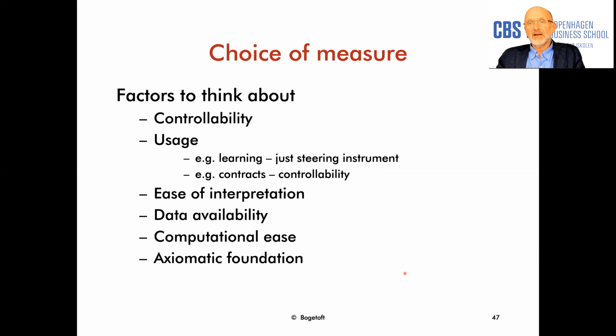And then finally, you might ask the following question: which of all these measures should you really use? It really depends on many factors. Controllability is an important one. Can you control your inputs or can you control the outputs? If you're a utility, you normally cannot have much control over the outputs because it's basically demand driven.